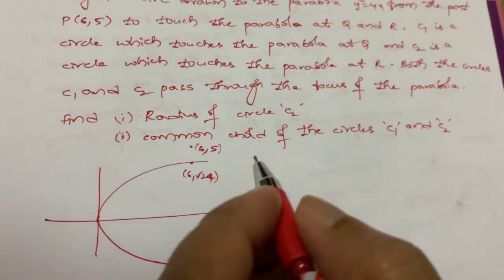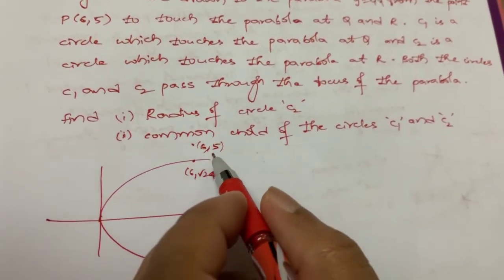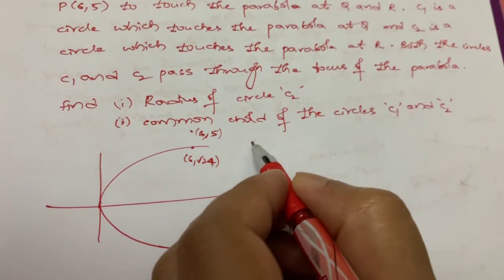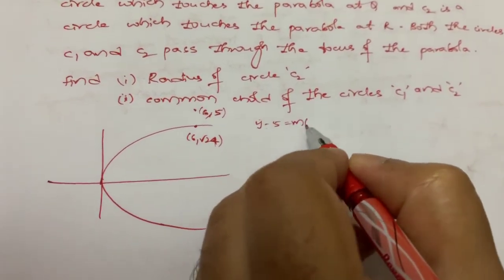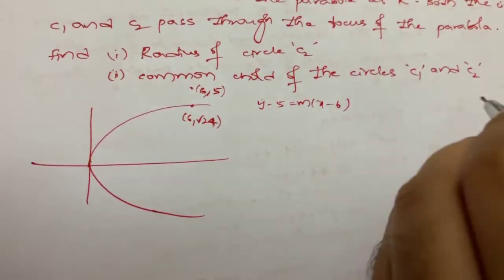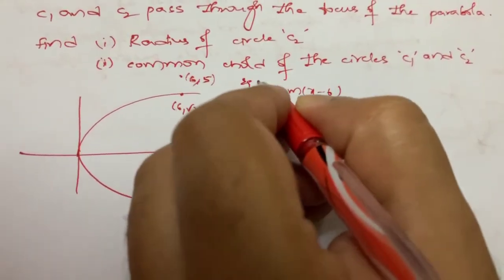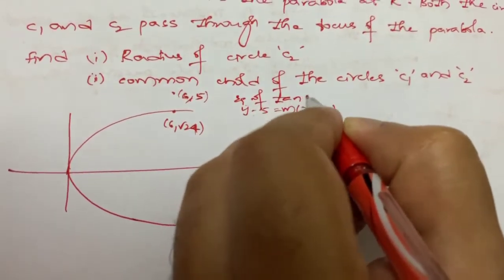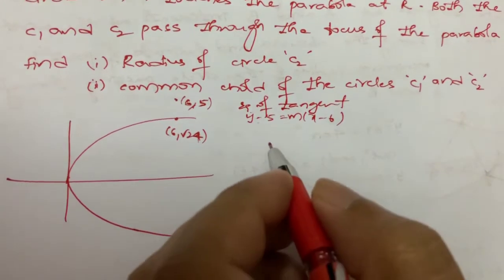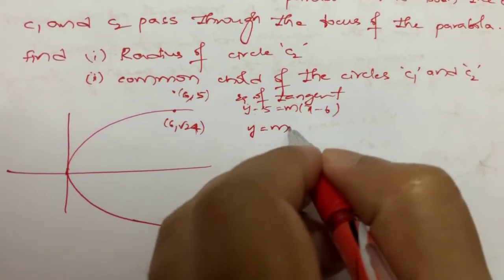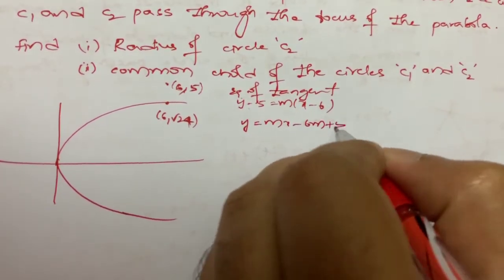So let's say I will consider the tangent equation passing through (6, 5): y minus 5 is equal to m into x minus 6. So equation of tangent: y is equal to mx minus 6m plus 5.